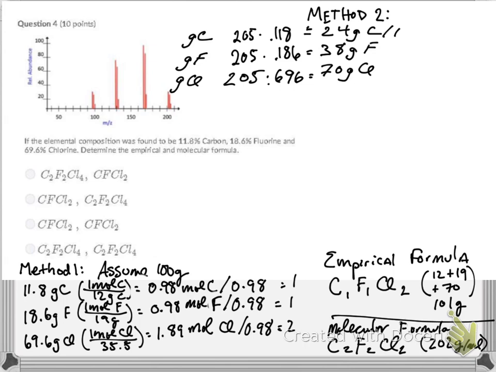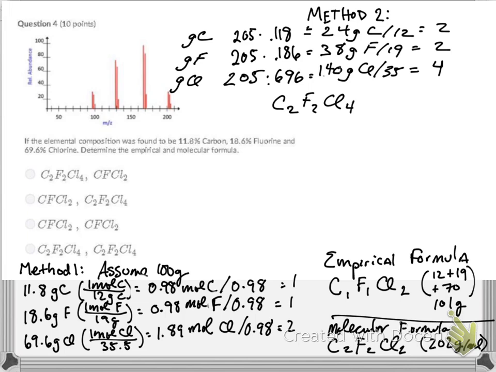So that's how many grams are in 1 mole of this substance. We divide by the atomic masses here, 12 for carbon, 19 for fluorine, 35 for chlorine. And we see that in every particle of this substance, we're going to have 2 carbon atoms, 2 fluorine atoms, and 4 chlorine atoms, giving us a molecular formula of C2F2Cl4.